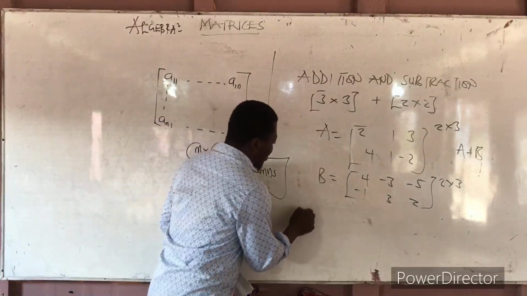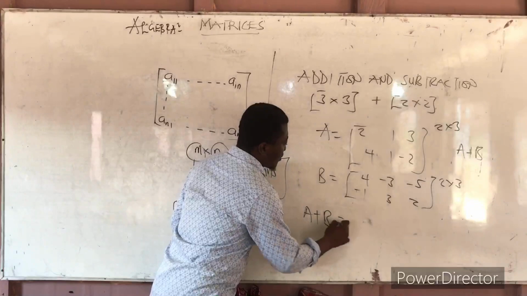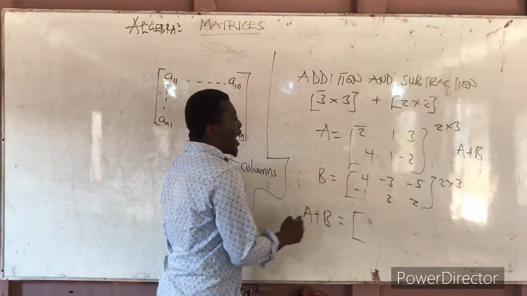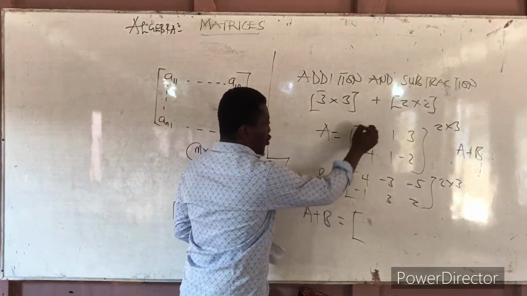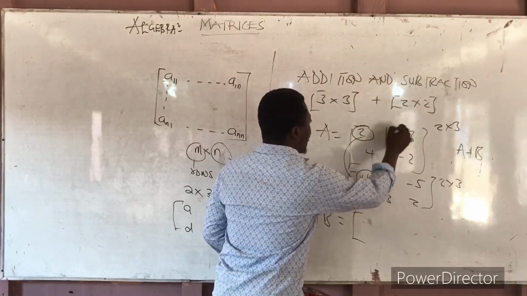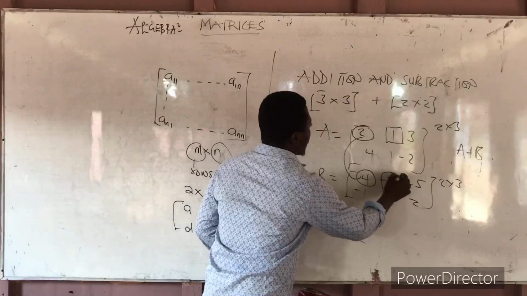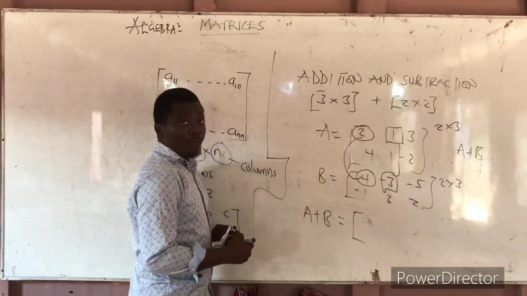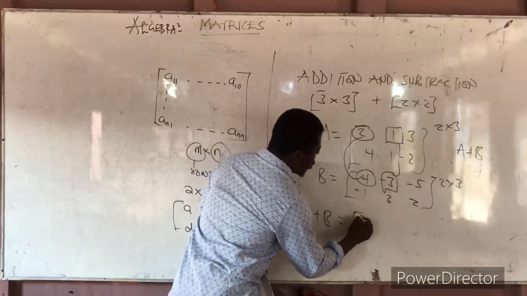So in adding A plus B, you add them according to component. This component will be added to this component. This component will be added to this component. So you add them component-wise. So you are going to get 2 plus 4.